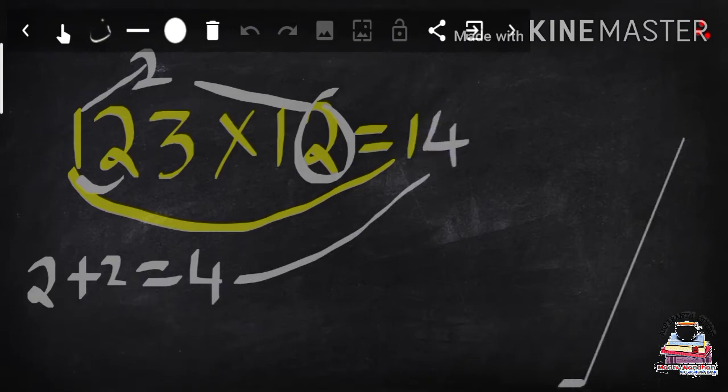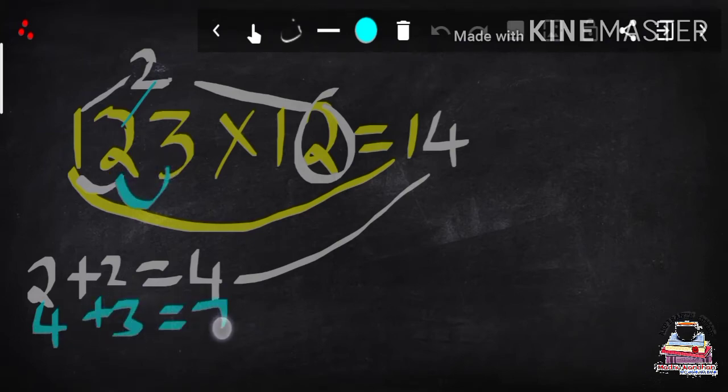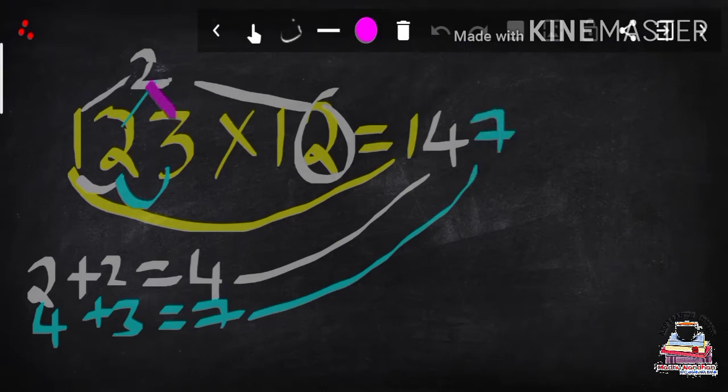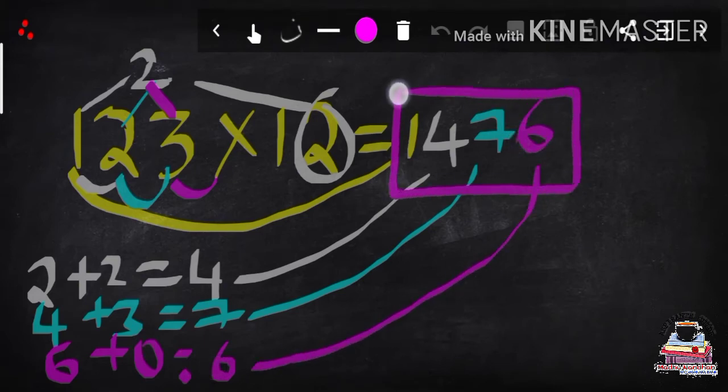And then to get the next digit, just multiply 2 with the second digit of the given number, that is 2. 2 into 2, 4. And then next sum up with the next digit, that is 3, so that we got 7. And then to get the last digit of our answer, multiply 2 with 3, we got 6. And as there are no digits after 3, I take it as 0, and the overall answer is 1476.